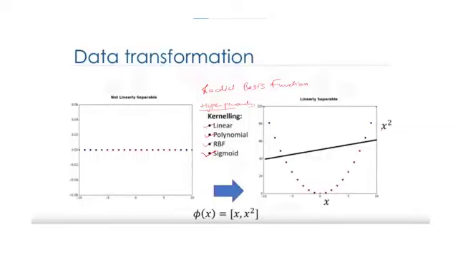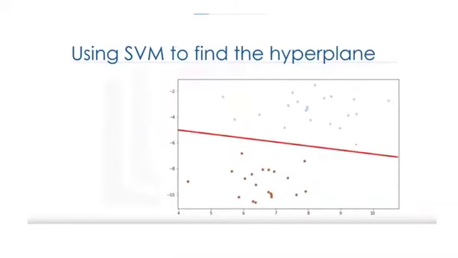Polynomial, as I mentioned, will try to use higher degree polynomial variables to see whether your data has been changed into linearly separable. At whatever degree this data gets transformed into linearly separable, that level of transformation it will do, and then SVM will go and find this particular hyperplane.